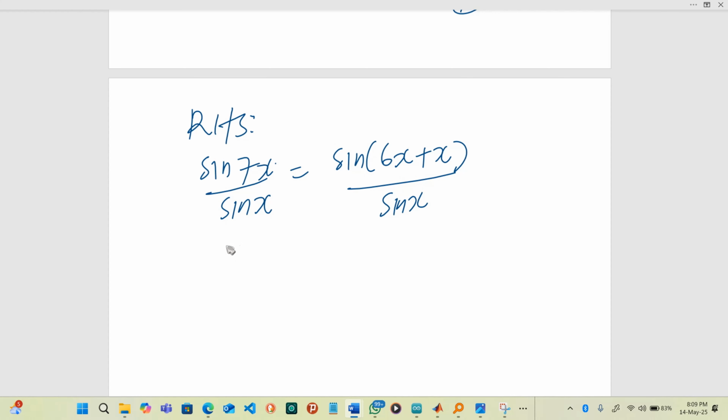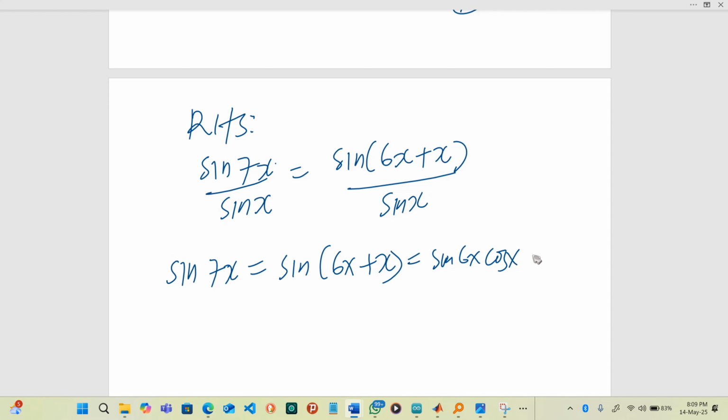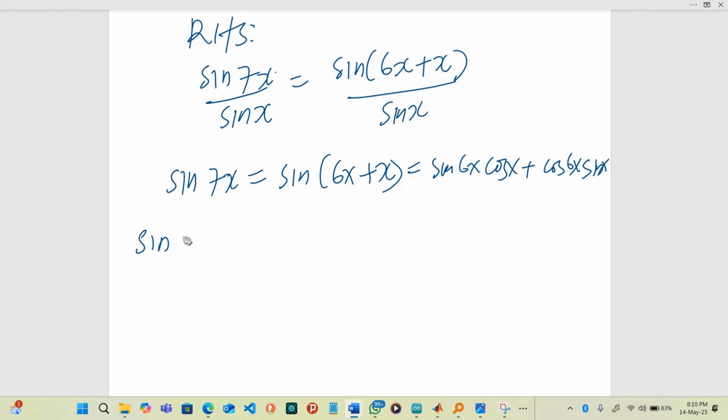Let's first deal with sine 7x. So this is going to be, we expand, this is sine 6x plus x, and this becomes sine 6x cos x, okay? Then we are going to add cos 6x sine x. But what is sine 6x?